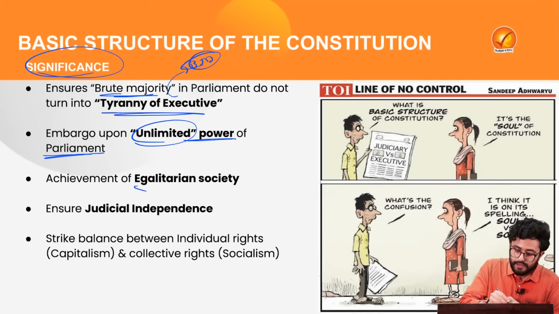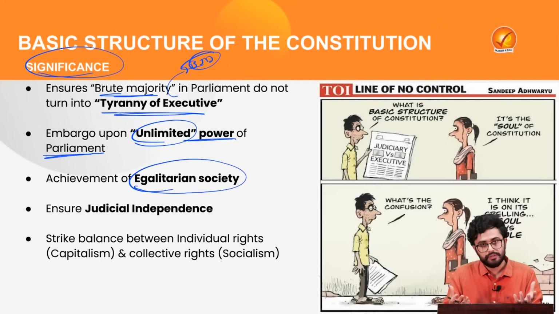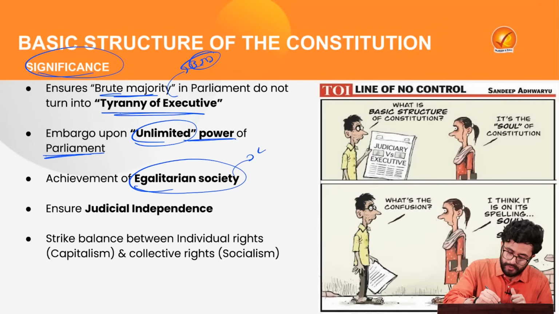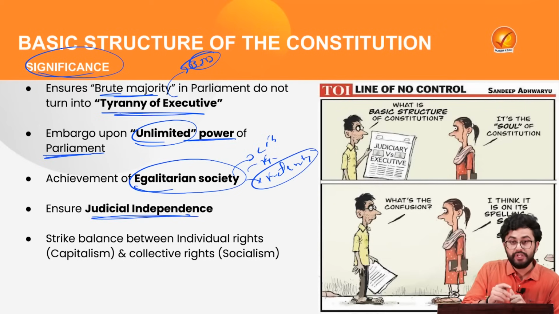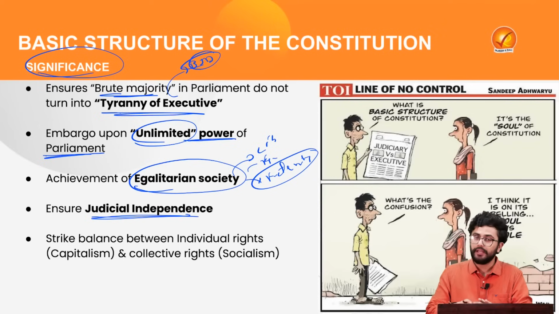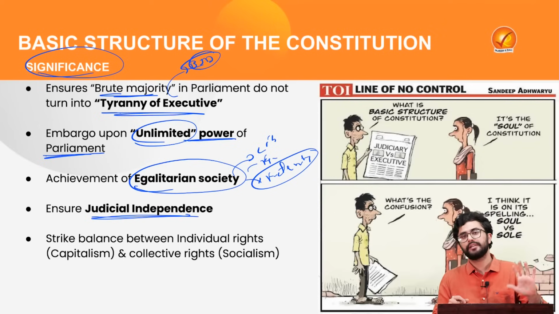The third is the achievement of an egalitarian society based upon the principles such as liberty, equality, and obviously fraternity. Then, to ensure judicial independence, which is again an essential form to ensure that democracy prevails in the country.